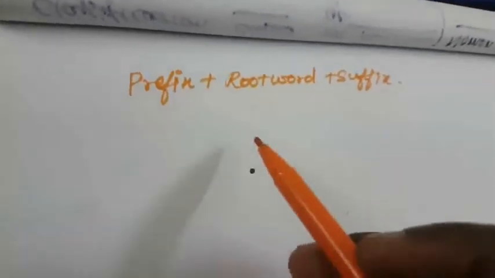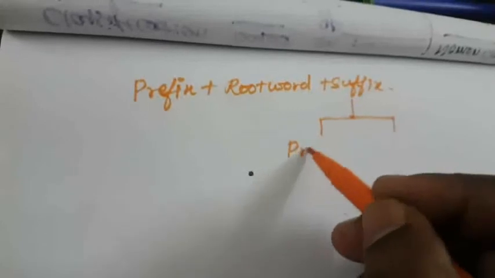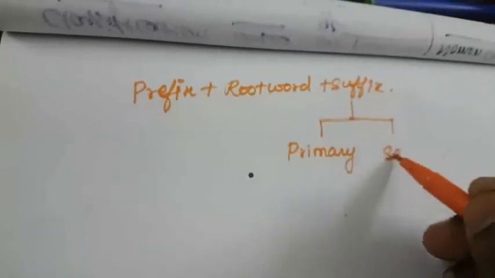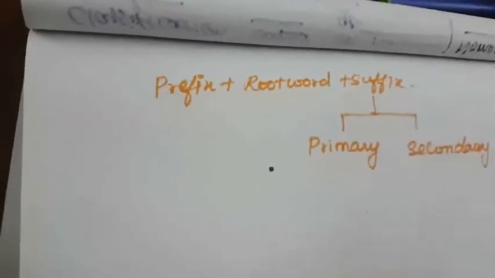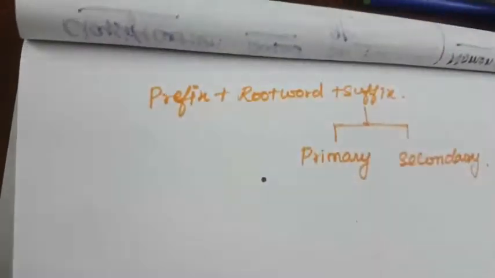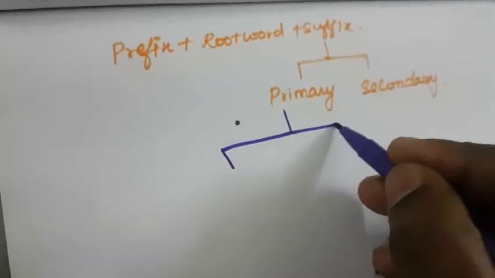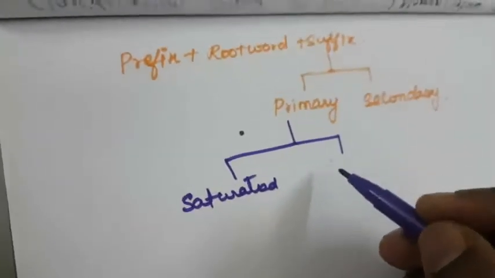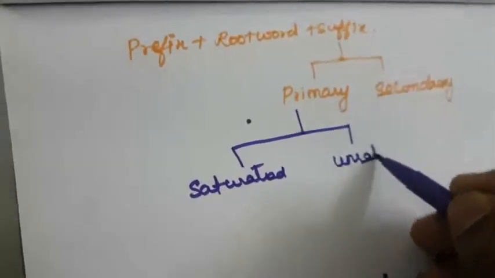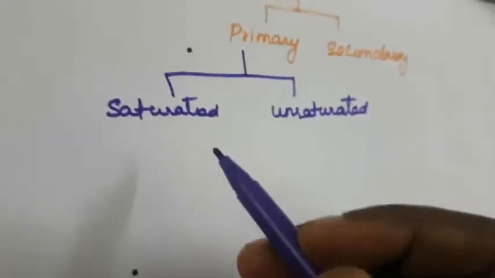What is meant by suffix? What is meant by prefix? The suffix is classified into two types, primary suffix and secondary suffix. The primary suffix represents whether the compound is saturated or unsaturated.